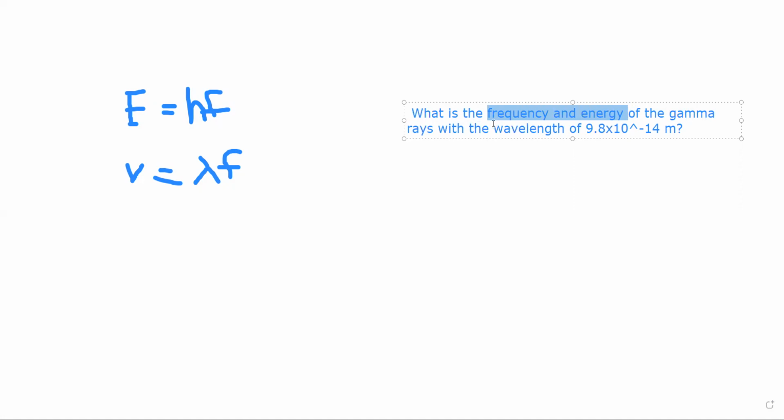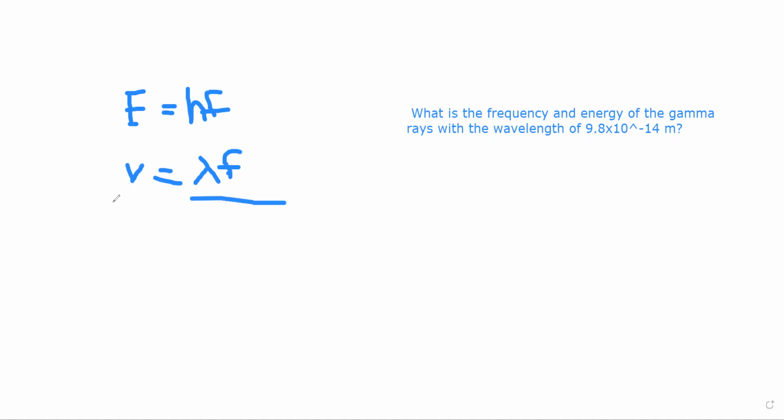So the first thing to do, we have here the formula for the energy, and we have here the frequency. The first thing that you are going to find is the frequency, because we cannot get the energy without the frequency first. We are given the wavelength, so we are going to derive the formula using this one. Since given the wavelength, we can assume the speed of light because there's no given velocity.